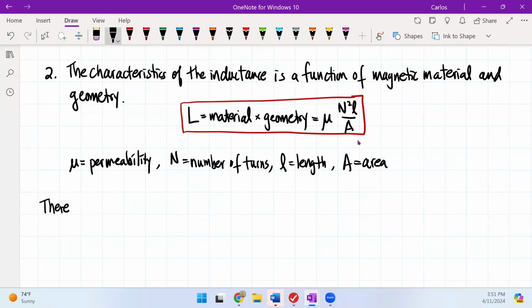There are three inductor behaviors that one should know.